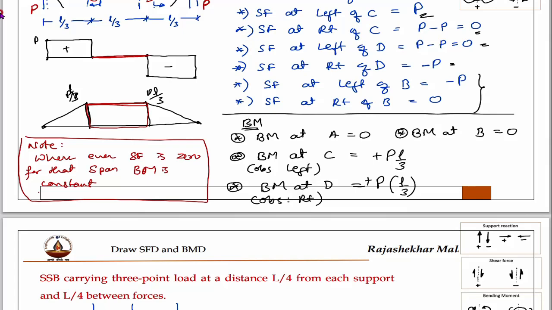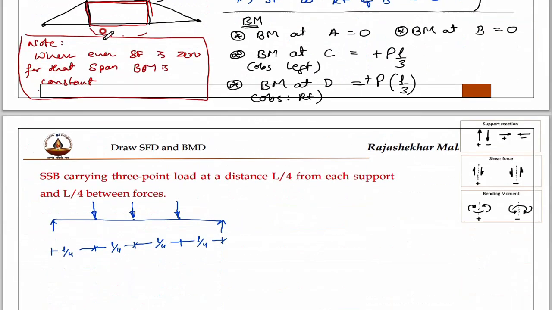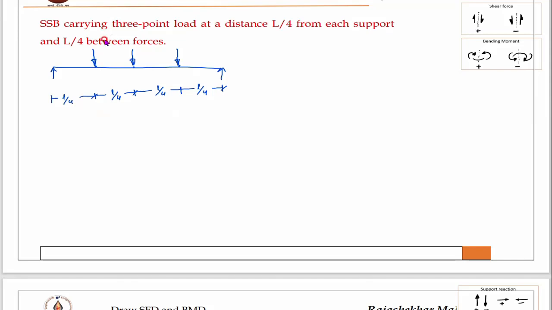You can remember this, and in later chapters you will understand that this case is considered a pure bending case, because in this part of the span you are observing only bending moment, not shear force. Therefore this span of the beam is considered a pure bending span. Right? You can note it down. Then take it as homework.